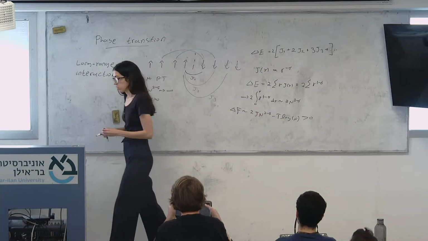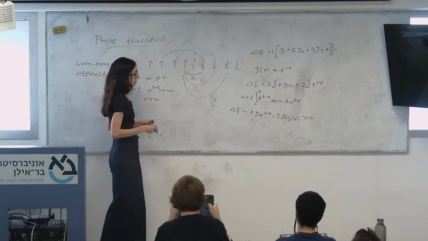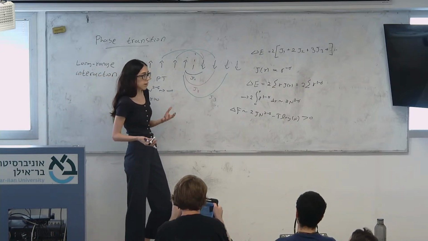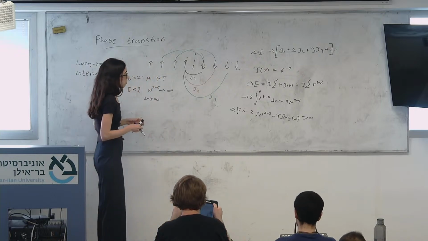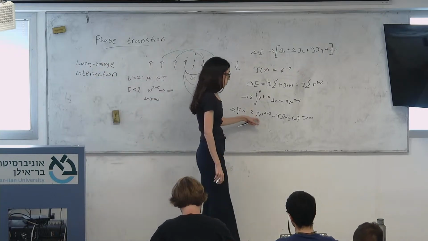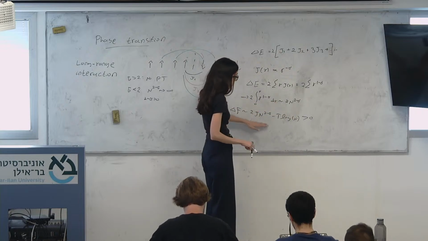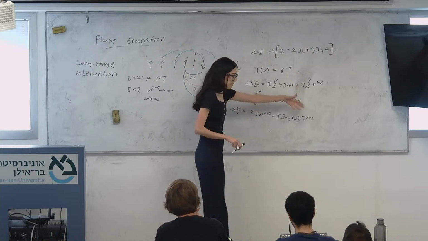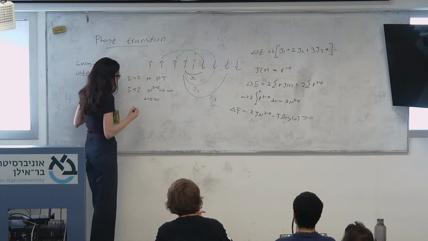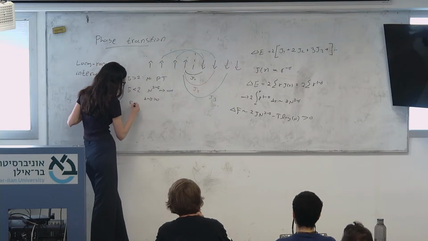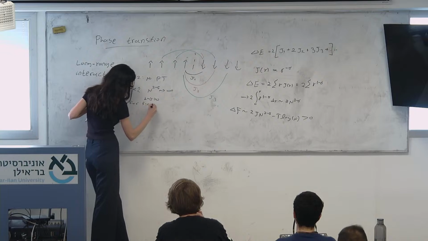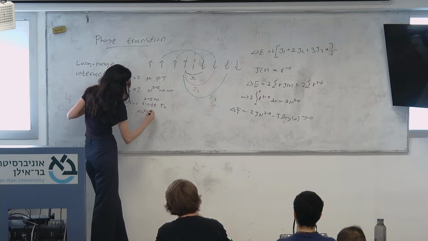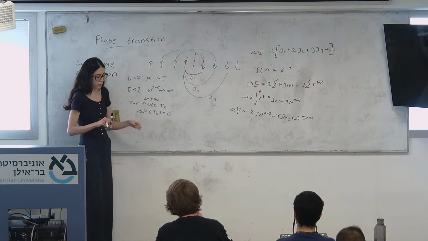So overall, you're going to have some finite value of T larger than 0 that gives you a free energy larger than 0. So you're going to have some finite Tc that gives you free energy of Tc equal 0. That's the transition point.